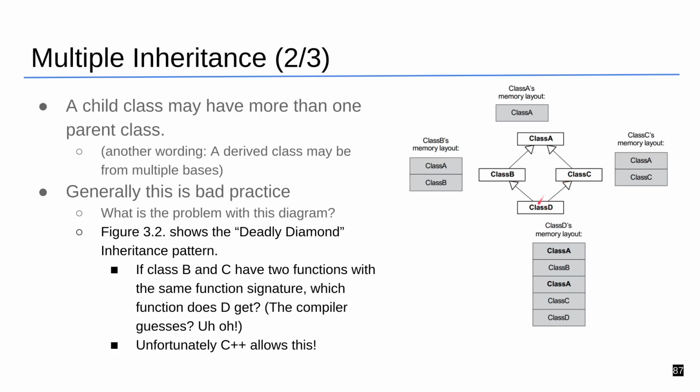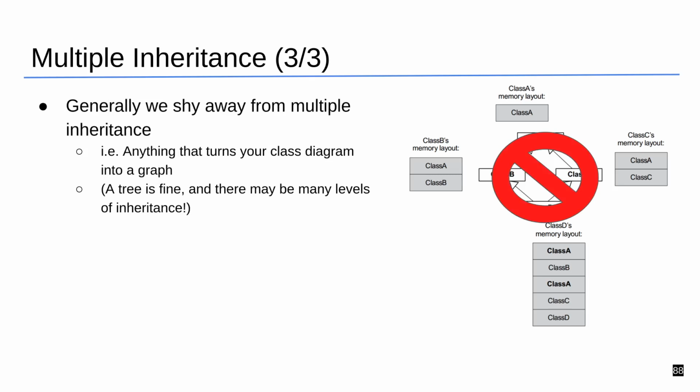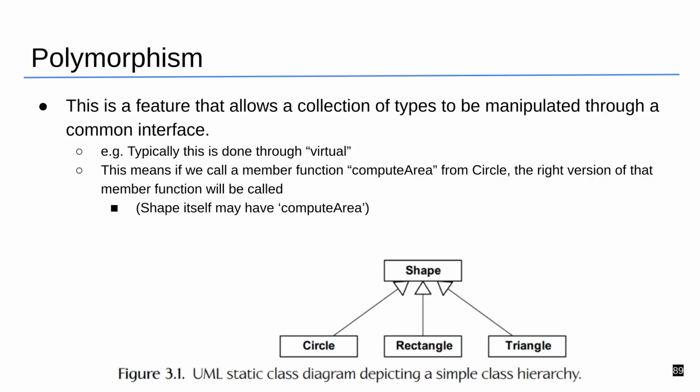So it's inheriting properties from both of these classes here, but if they're named the same thing with the same signature, it just picks one, and that can be a problem that unfortunately is sort of undefined behavior, which we don't like in our software. We want our software to do the thing that we said it's going to do. So we shy away from multiple inheritance in C++. It's a feature that's largely protected against in more modern languages.